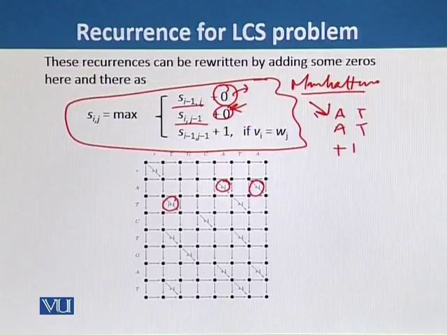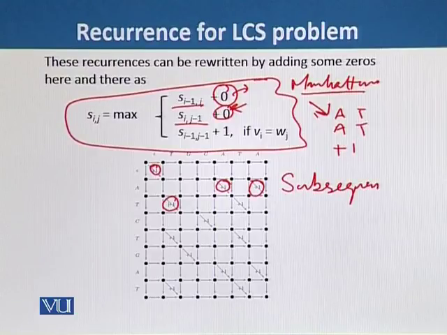So we can add the 0 and +1 to the edges, and we will get the subsequences that are identical and present in both the V and W strings.